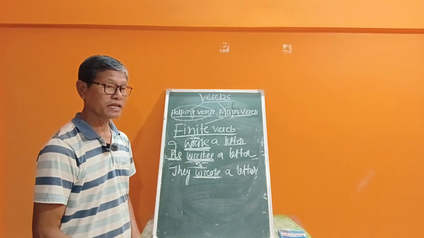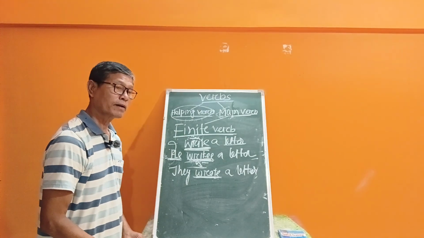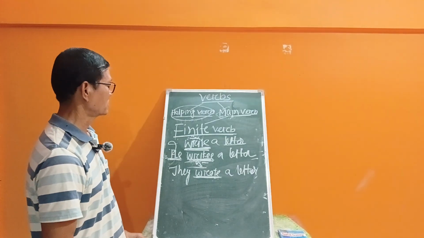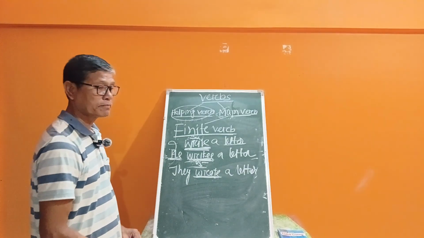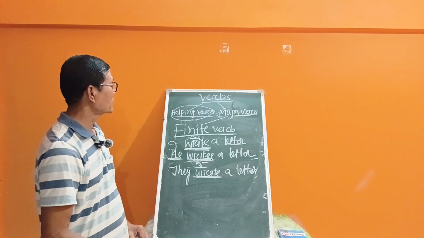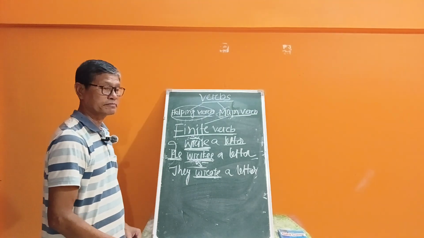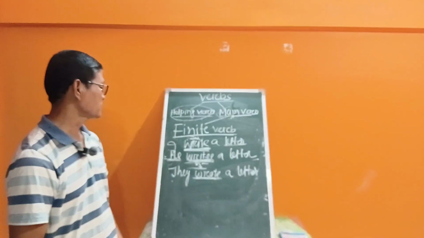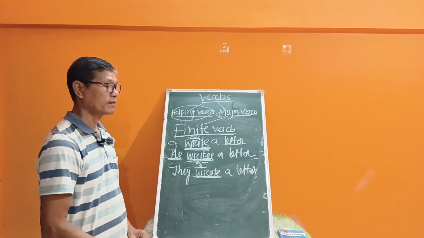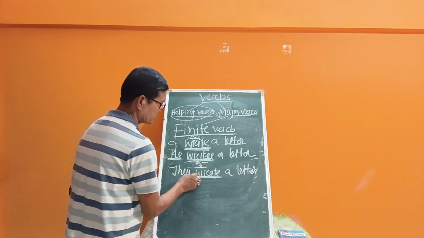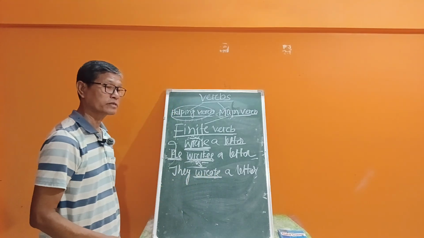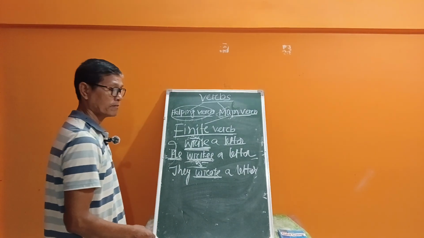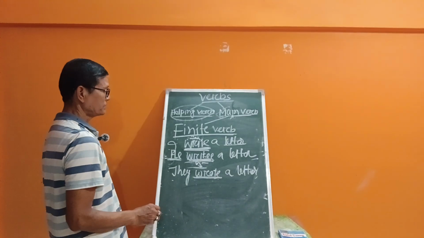If you change the tense, the verb form will also change. Such type of verbs are called finite verbs. As per if you change the persons, the form of the verb will also be changed.